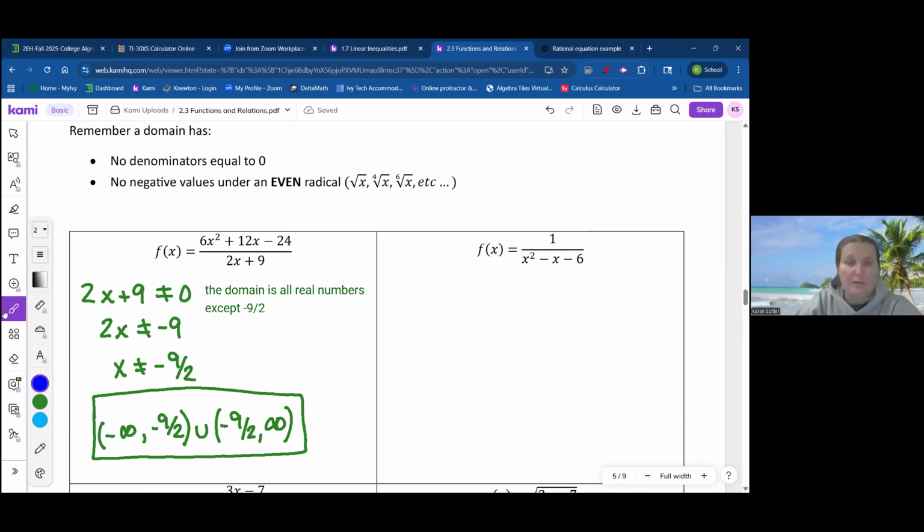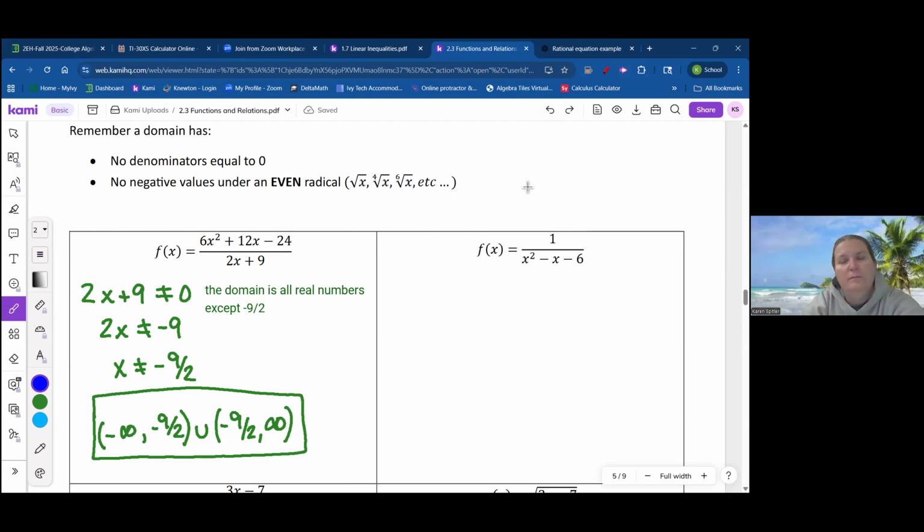It does not matter if that numerator turns to 0. It matters if the denominator turns to 0. Okay?